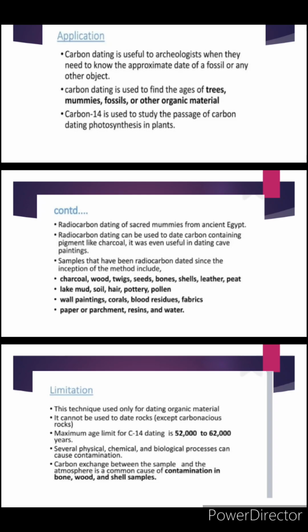The maximum age limit for carbon 14 dating is 52,000 to 62,000 years. Several physical, chemical and biological processes can cause contamination, which is also a limitation. Carbon exchange between the sample and the atmosphere is a common cause of contamination in bone, wood and shell samples. So these are the limitations of the carbon dating method.